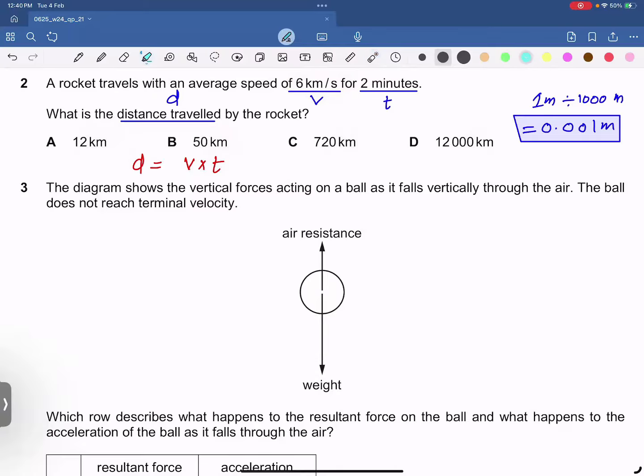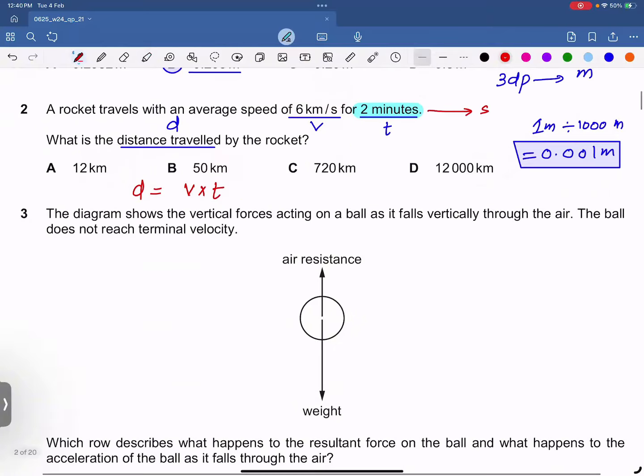So what you have to do over here, 2 minutes, you will change into seconds. In order to change minutes into seconds, you multiply by 60. So your time will be 2 multiplied by 60, 120 seconds.